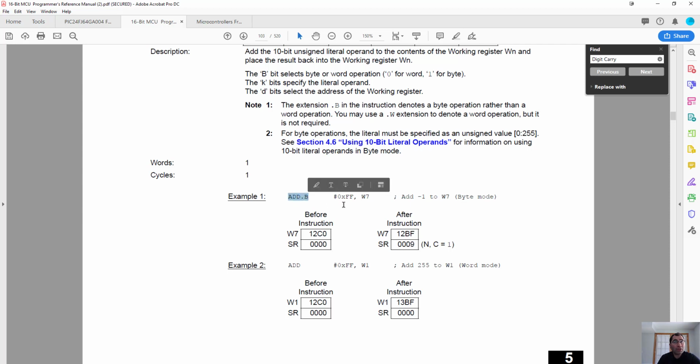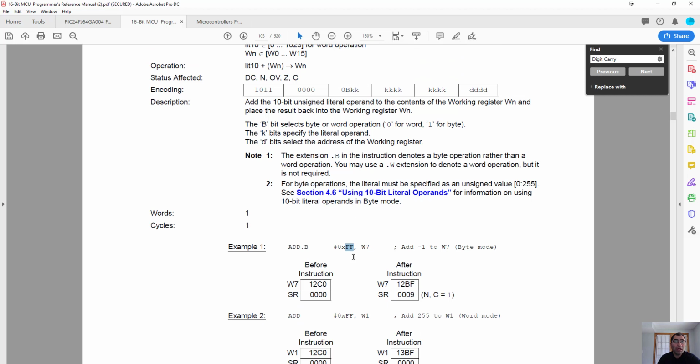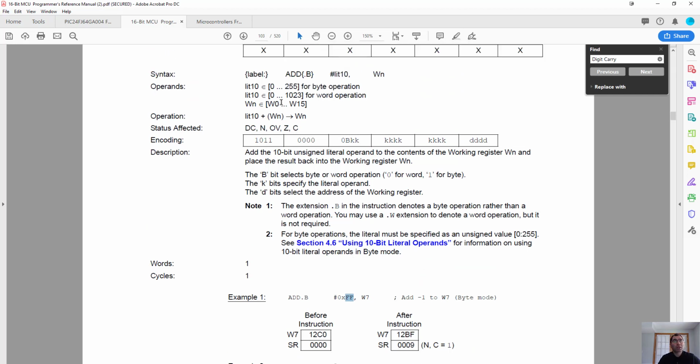Here we have add.b again, but this is what we did above. Remember that this is a byte operation. In a byte operation, if you are talking about an 8-bit number, then FF is going to be -1, right?